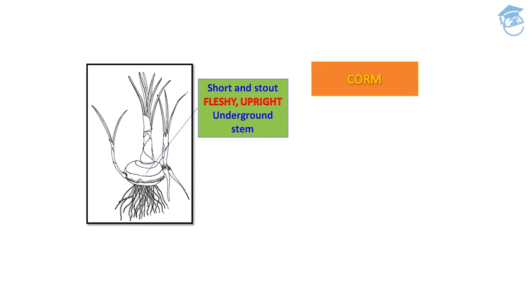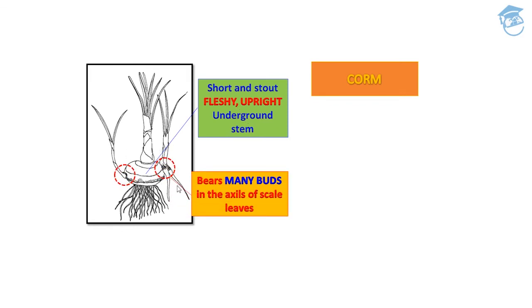Now we'll talk about the corm. That is another modification. This is a short and stout, fleshy, upright underground stem. That means a stem has modified into underground form, and it got reduced also. It has become stunted, short and stout, and fleshy also, but in the upright position. It bears many buds in the axil of scale leaves.